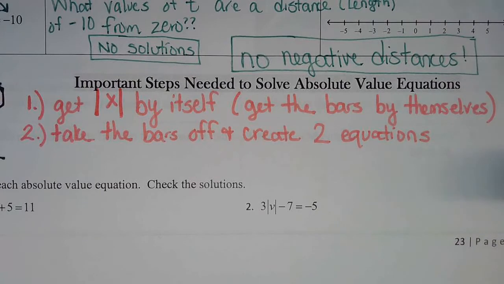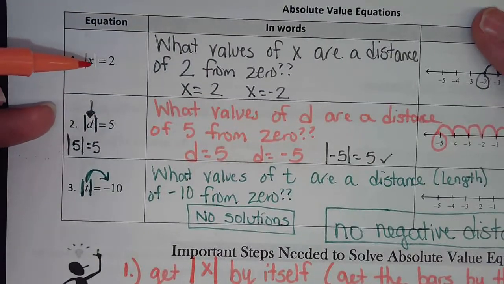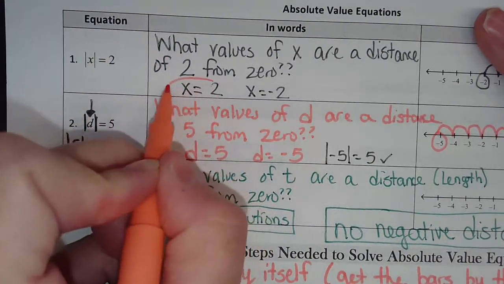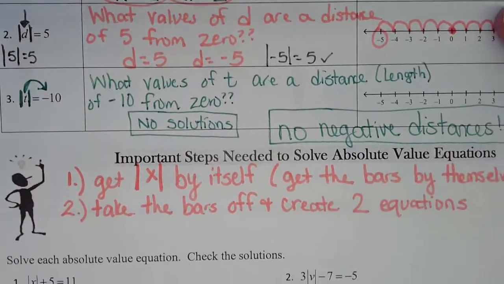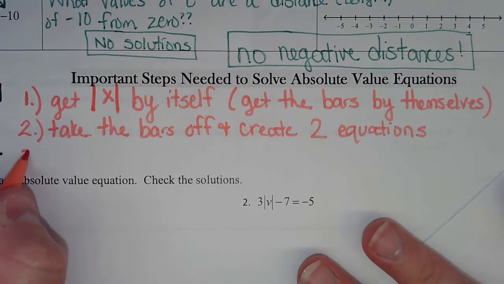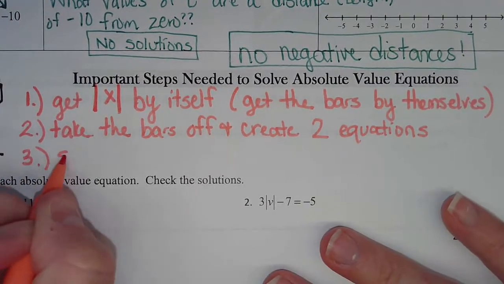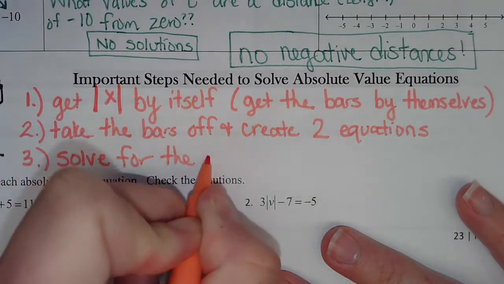Like for number 1, it said the absolute value of x equals 2. The bars were by themselves. So once the bars were by themselves, we took them off and created our two equations right here. x equals 2 and x equals negative 2. Once you've created your two equations, then your last step is going to be to solve for the variables.